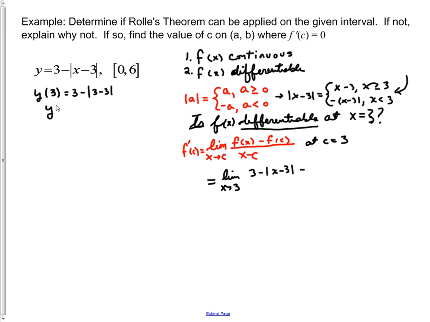So y of 3 is equal to 3. All right, so we've got f of x minus f of c divided by x minus c. Well, this might actually look familiar to you because we've dealt with this kind of limit before. We're trying to determine whether or not the limit as x approaches 3 of the quantity negative absolute value of x minus 3 over x minus 3 exists.